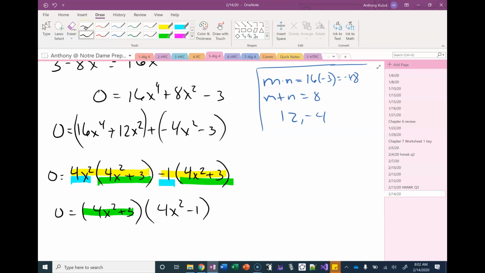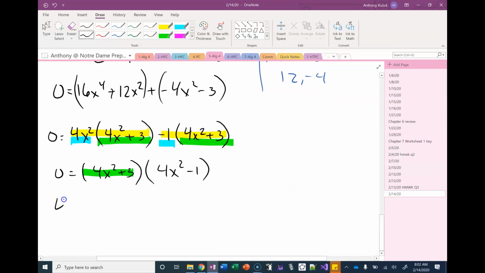So now that I have it in factored form, I can solve this. So I can set each of these equal to 0. And each of these is a quadratic equation to solve. To solve a quadratic, we can either try to factor, use the quadratic formula, or solve it directly.